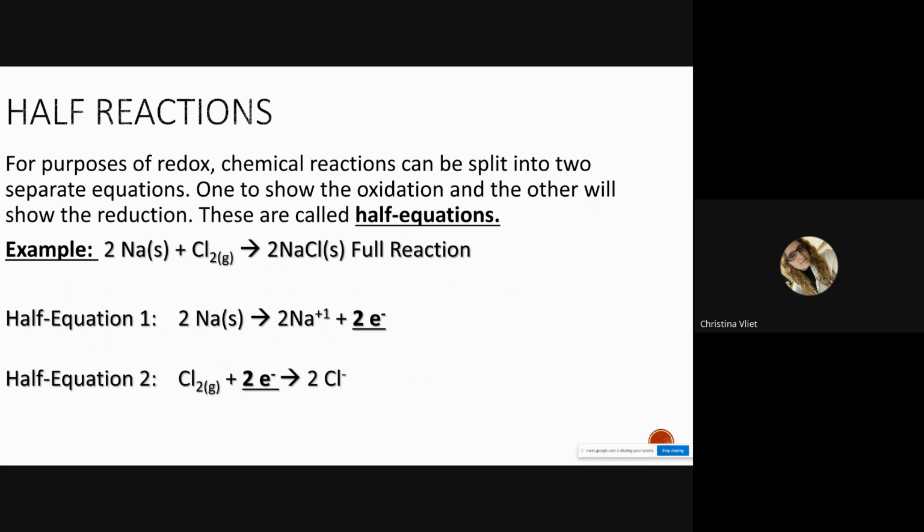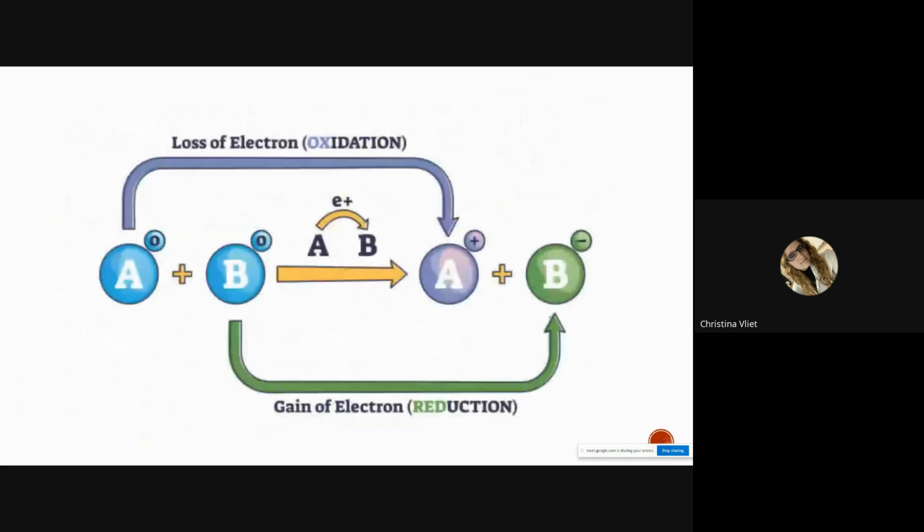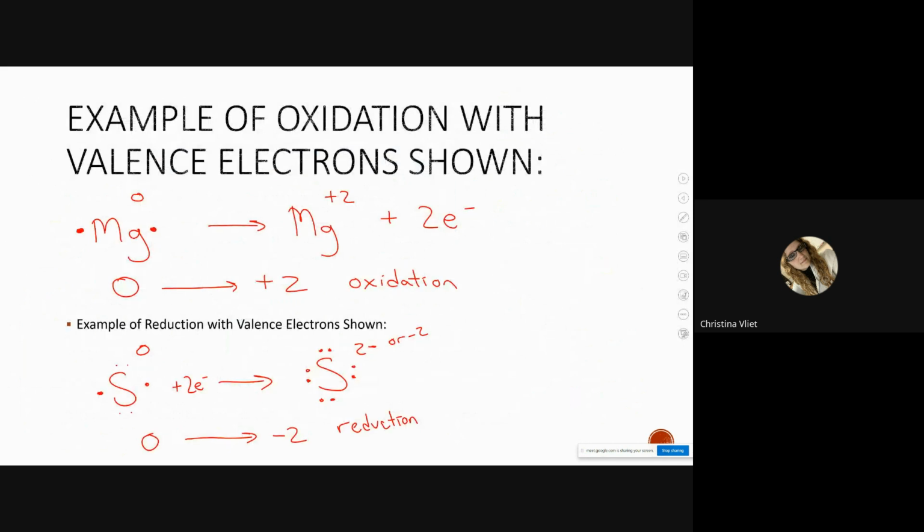When I showed you the example back here, these are actually half reactions. This is saying magnesium lost its 2 electrons, that's the oxidation. Sulfur gained 2 electrons, that's the reduction. So when we separate a chemical reaction into only what's happening to one element or the other element, we call those half reactions. They're simply telling half the story.